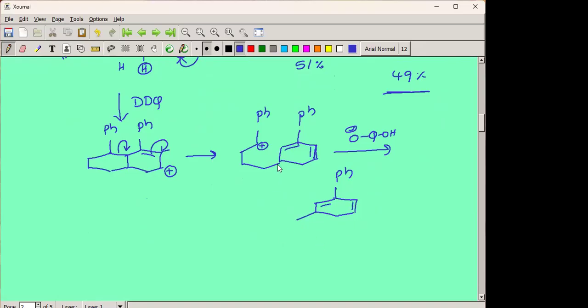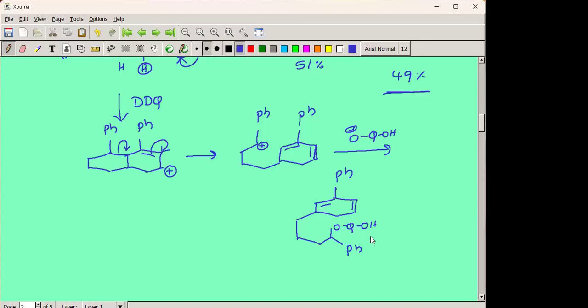Now here this is one carbon atom, next carbon atom, this one, and next carbon atom, this one, and here it is pH. And here we have a positive charge, right? That will be represented with a positive charge, and OQOH. That positive charge is attacked by this one.